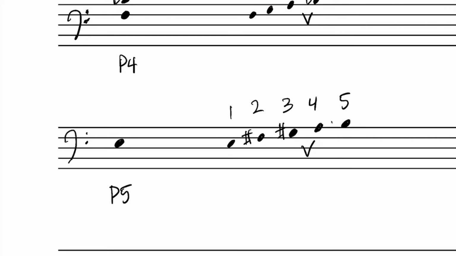Therefore, our perfect fifth is E to B. Why? Because B is scale degree 5 in the key of E major, and we derive any perfect interval from the major scale given the lower note is the tonic of the scale.